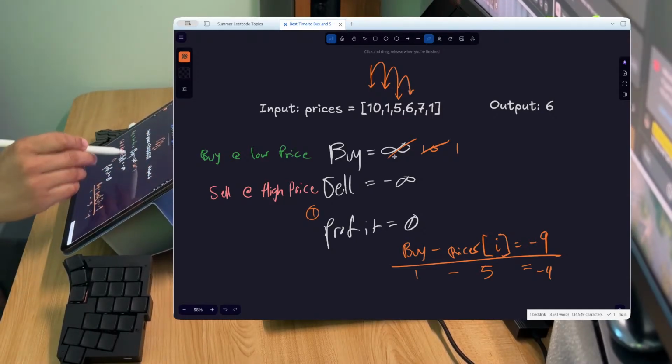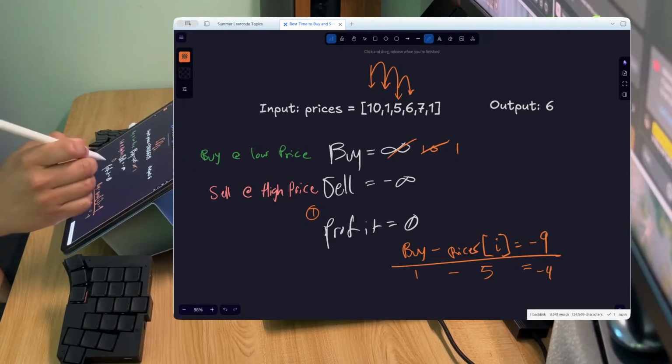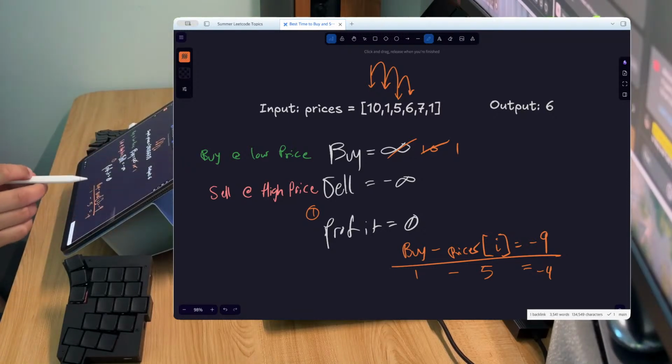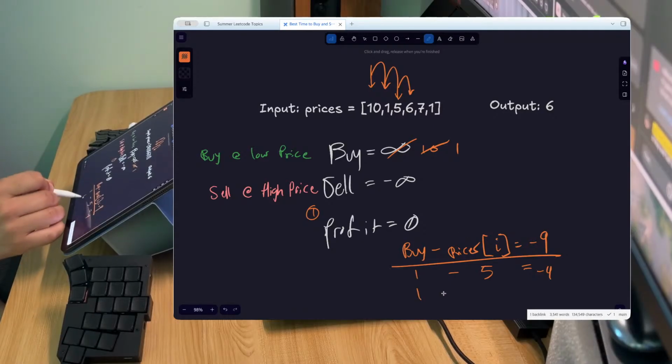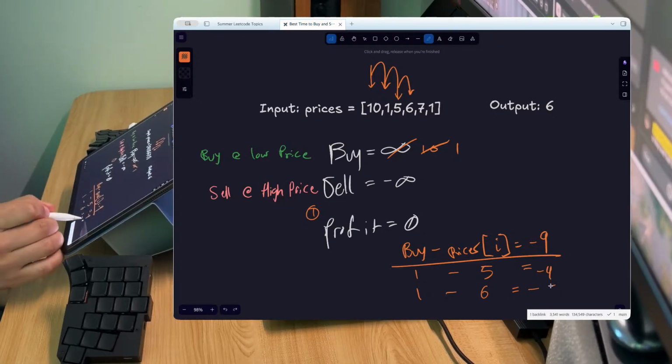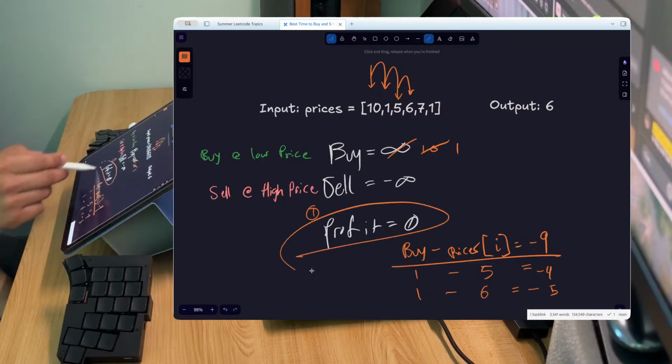6, not less than our lowest value. So we can calculate profit, is still 1. This times 6, even lower, so it's still negative. Yeah, so profit stays at 0.